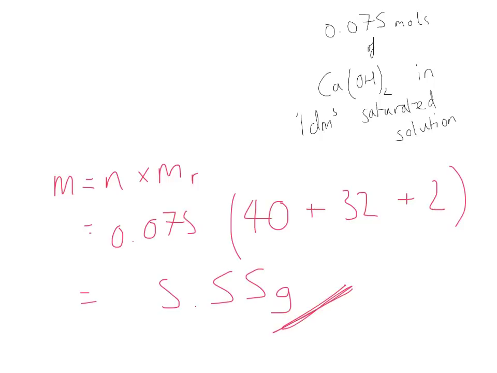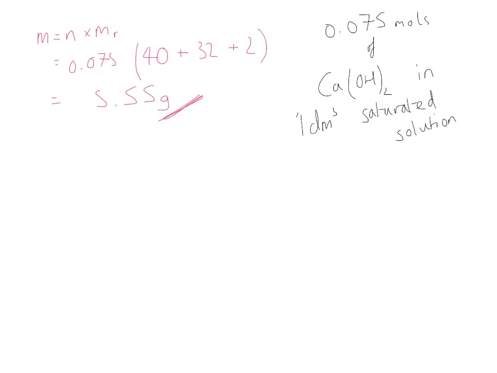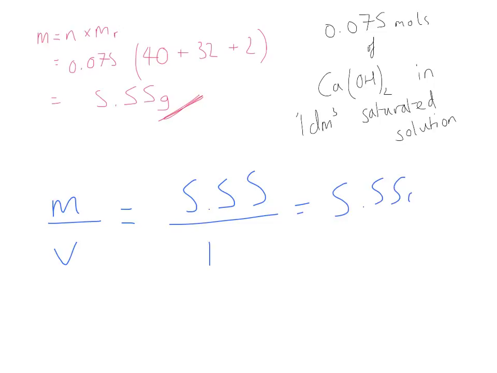Okay, so that's the mass, and I can use that finally to work out the solubility, because solubility is the amount of mass that will dissolve completely in 1 decimeter cubed. So the solubility is basically the mass divided by the volume, and this is 5.55 divided by 1 decimeter cubed. So obviously 5.55 grams per decimeter cubed.